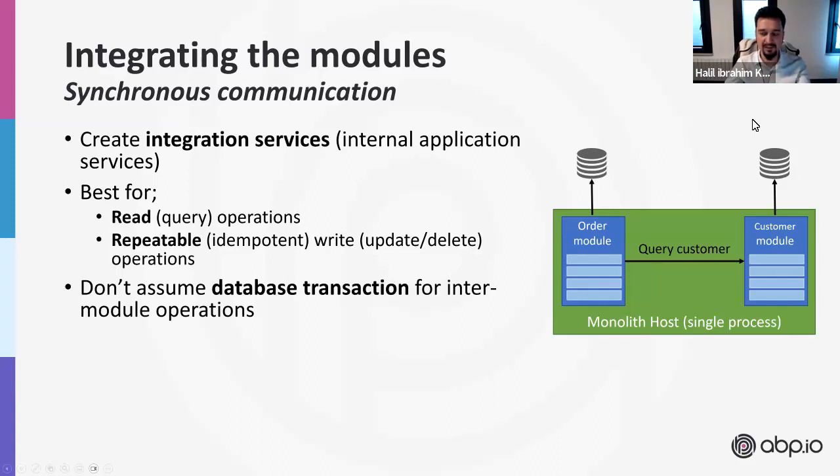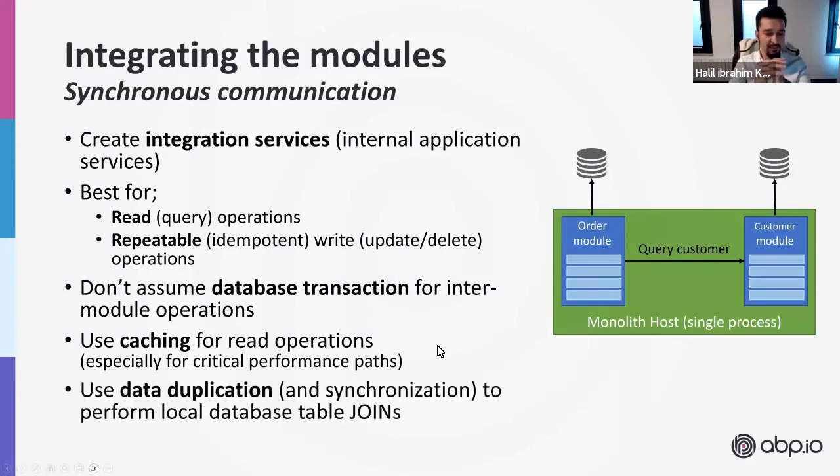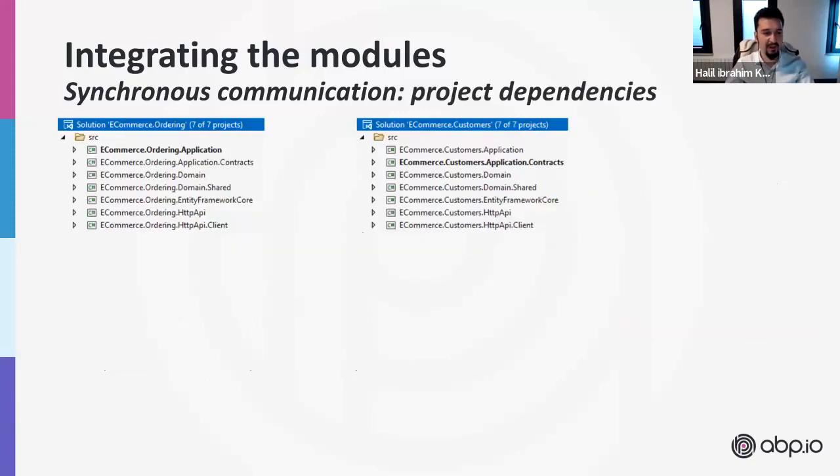So you should not establish a transactional database operation among modules. If you need such a read, consider using caching and also data duplication to perform a local database table join. I will mention caching and data duplication in the next slides.